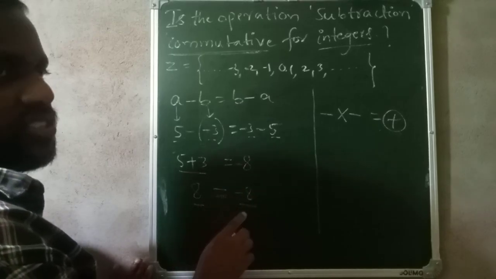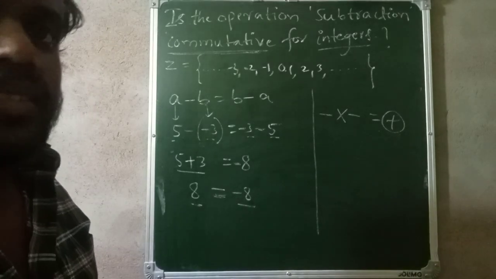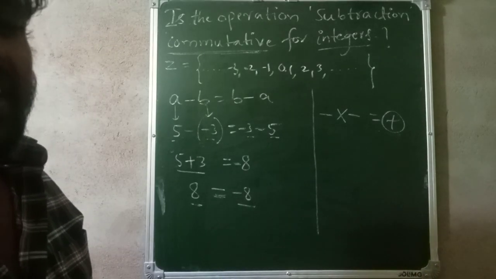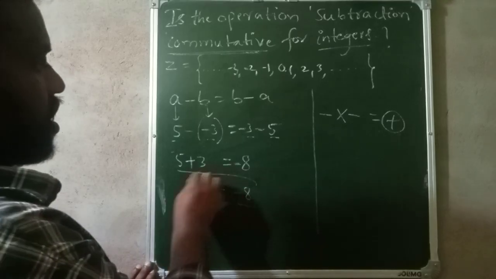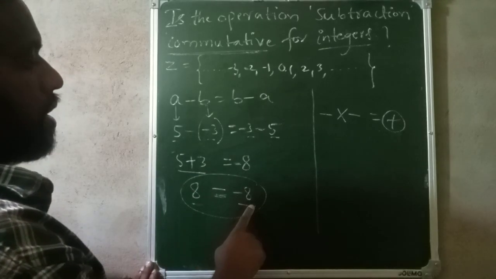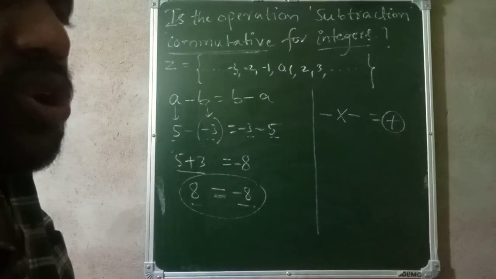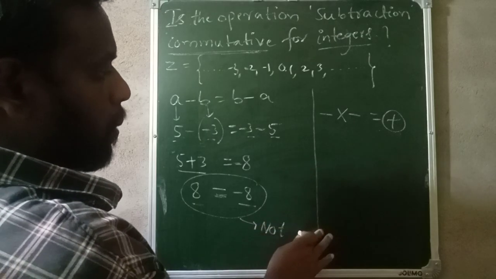This equation is saying 8 is equal to minus 8. Is that correct? No, right? 8 cannot be equal to minus 8. So this statement is wrong, it is not correct.